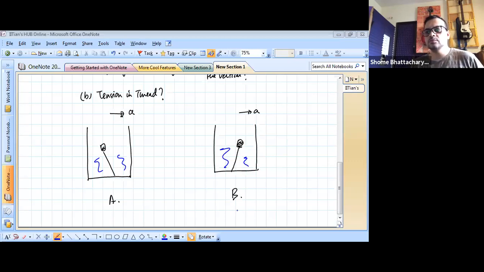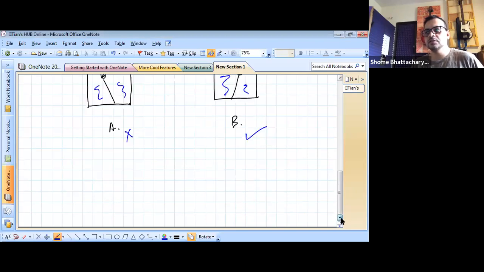No, in fact, so basically this is the correct orientation. This is the wrong orientation. Now I'll explain why that happens.